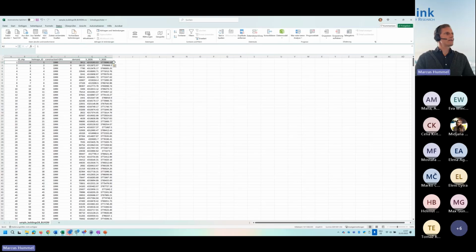You need to give an X and a Y coordinate in the 30-35 projection, a demand value, a gross floor area value, and a construction year. That's it, based on the data that you have. You need to simplify it in order to receive such a file. With that file, you can go into the Python code, click on run, and you get heat demand density and gross floor area density maps that you can directly upload into the platform.